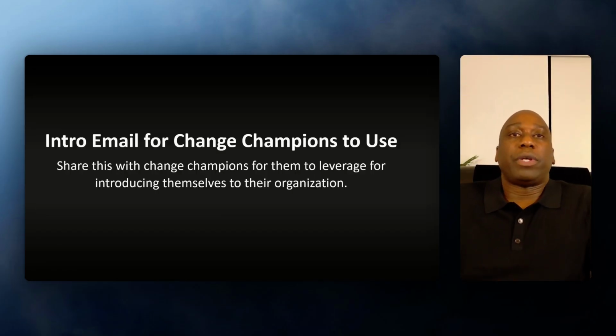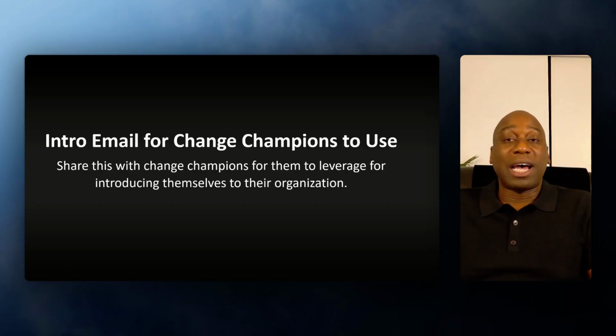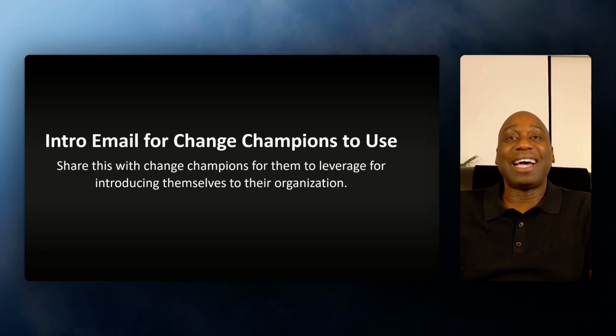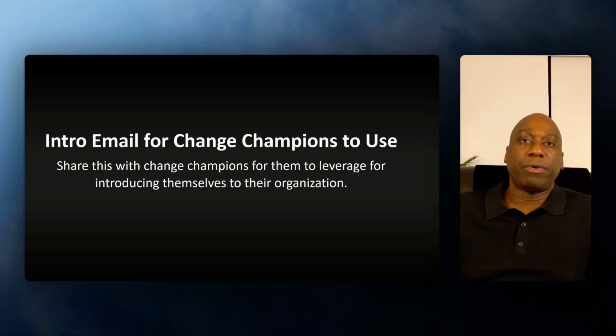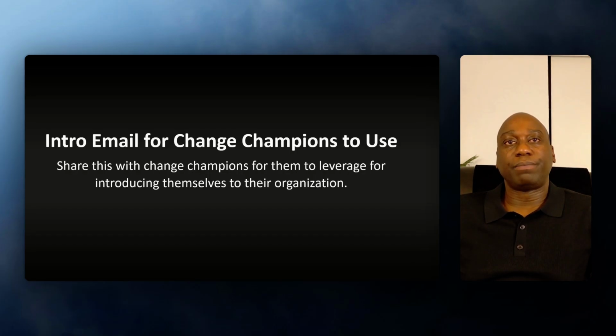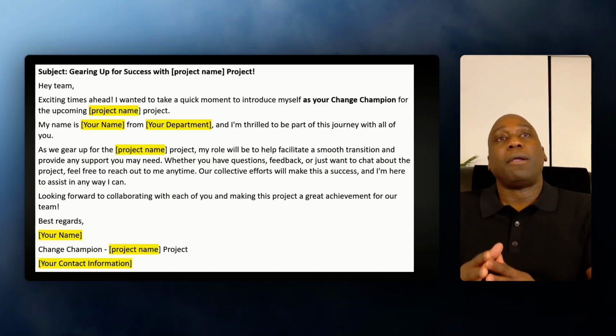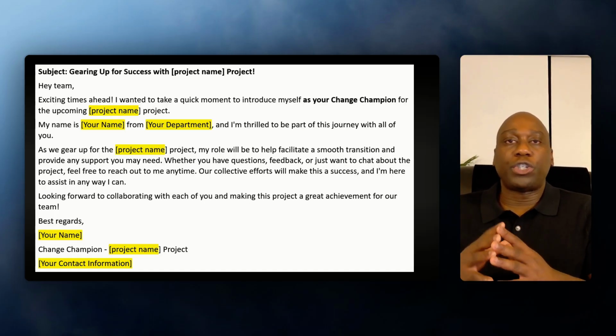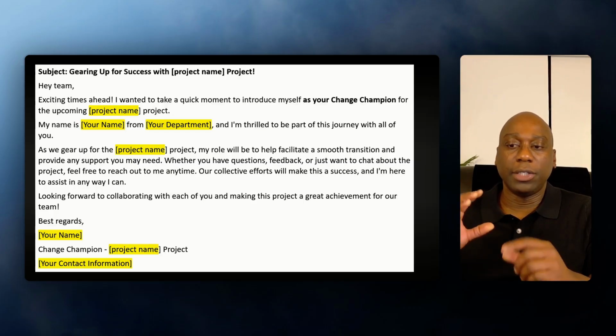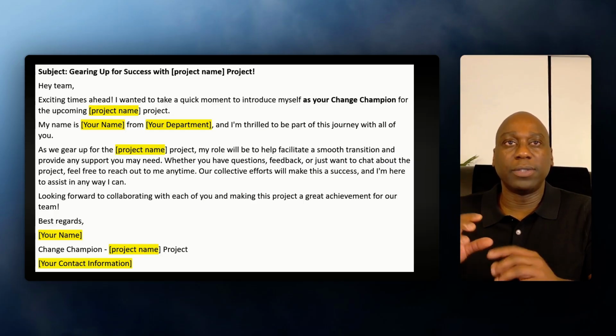There is another email that is important for you to have access to. That is the email the change champions should use to introduce themselves to their departments as champions. So here is that communication. It's much shorter than the one that I just shared with you because it needs to convey a few points.